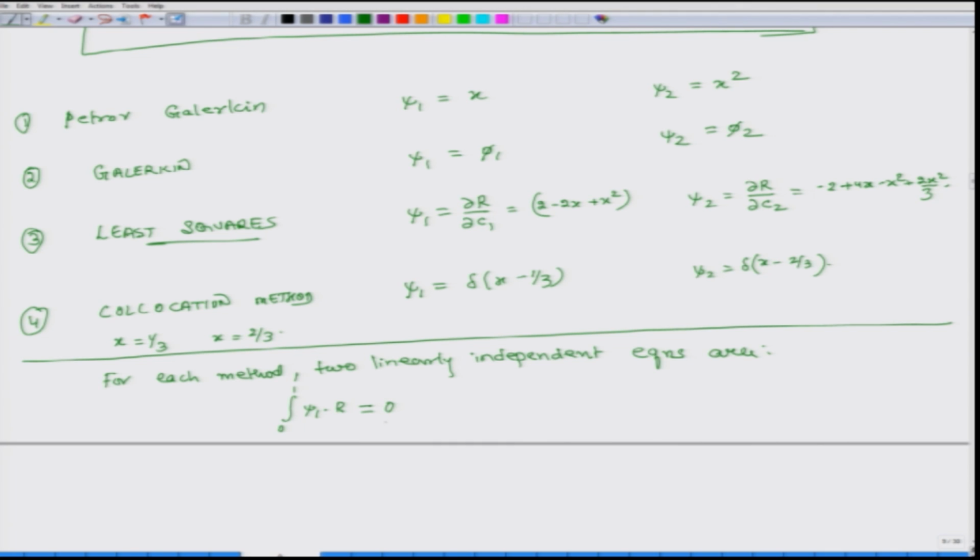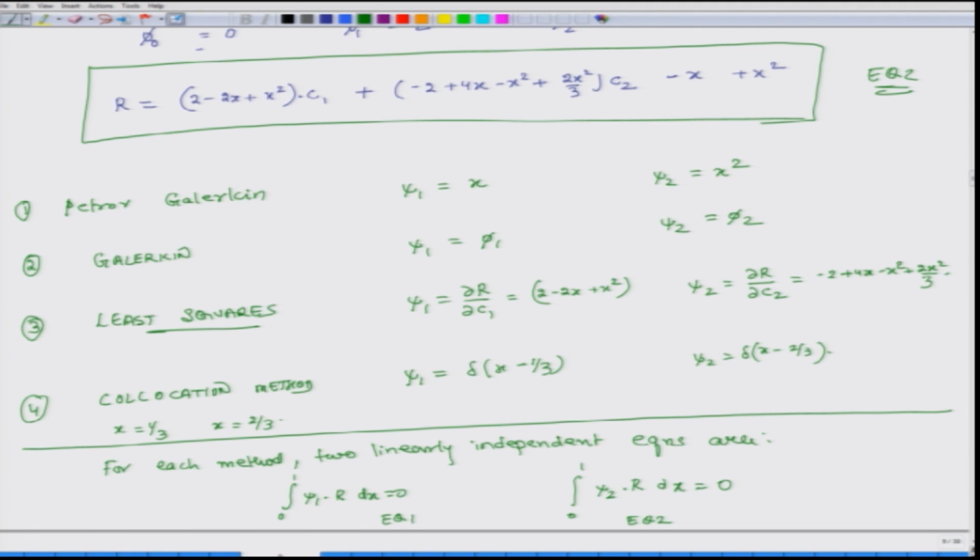So, this is equation 1. And the second equation is the integral from 0 to 1 of psi 2 times r d omega, excuse me, this is dx, is equal to 0. So, this is my equation 2.